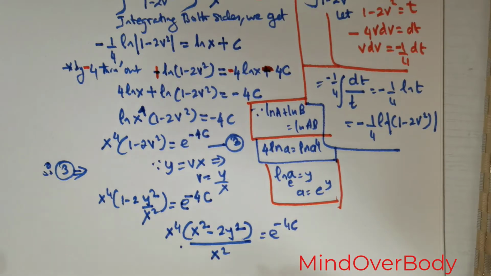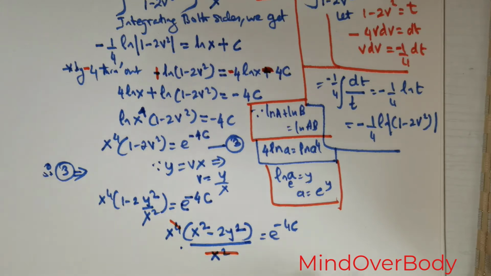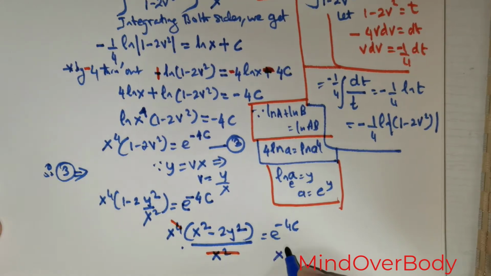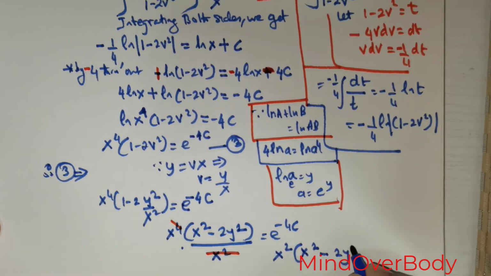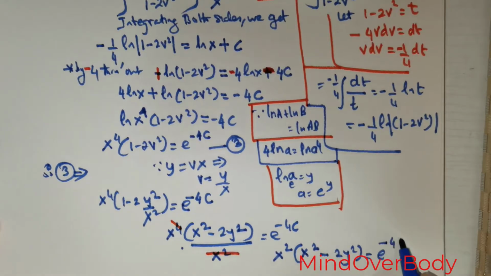I can always cancel this x squared against this quantity, thereby giving me x raised to the power of 2 times x squared negative 2 times y squared is equal to e raised to the power of negative 4c.